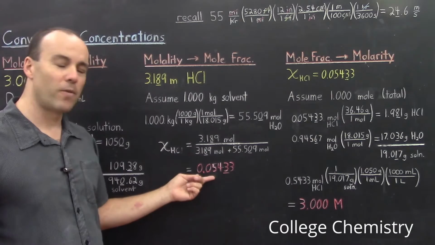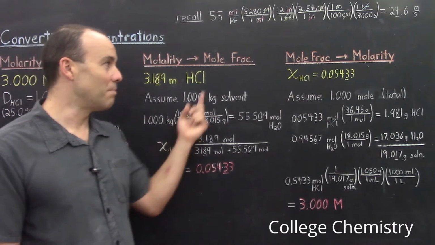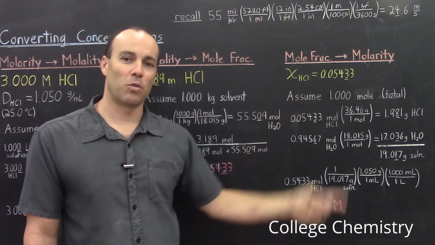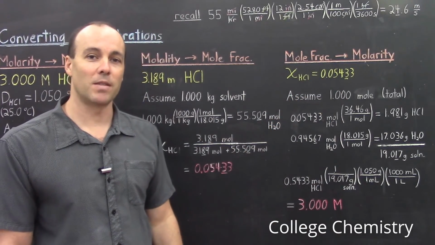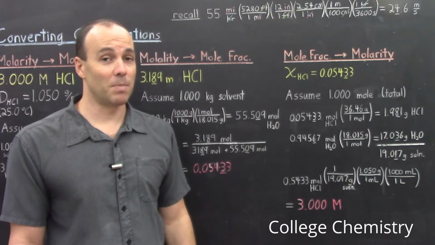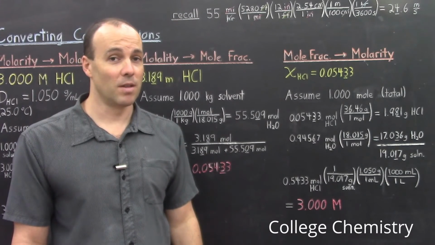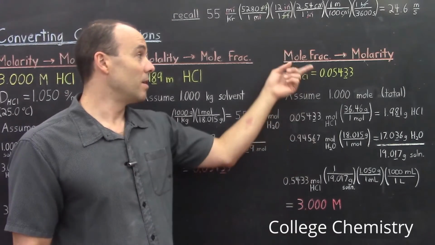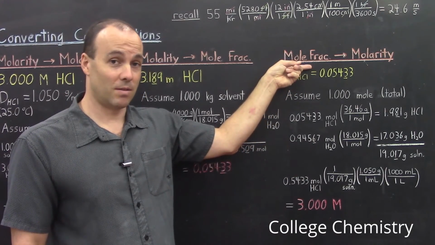Let's take our mole fraction of HCl and convert it back to molarity. So we have 0.05433 as the mole fraction of HCl. Now again, we need to pick a convenient amount of solution, and the convenient amount, as we did before, is convenient for the starting unit.